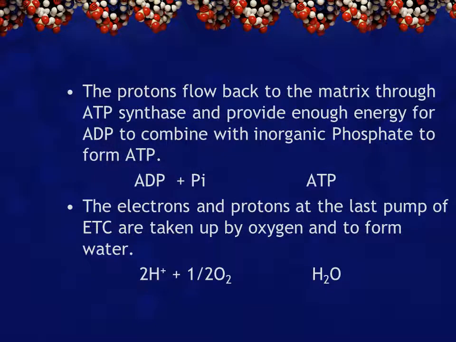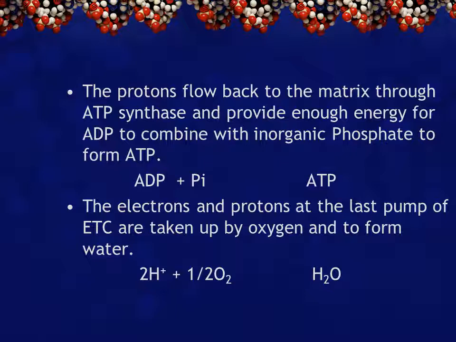The protons, the hydrogen ions, flow back to the matrix through ATP synthase and provide enough energy for ADP to combine with inorganic phosphate to form ATP. So the ADP and phosphate molecules come together and generate the ATP molecule.